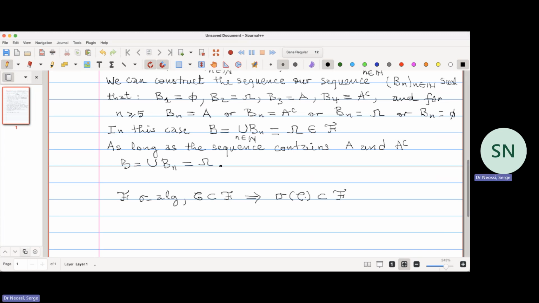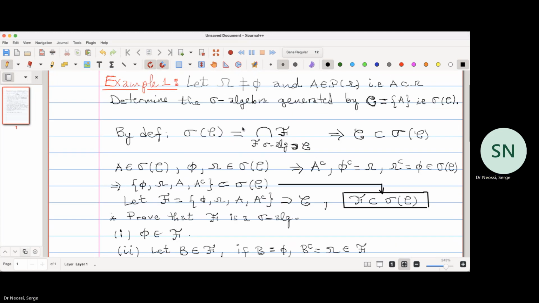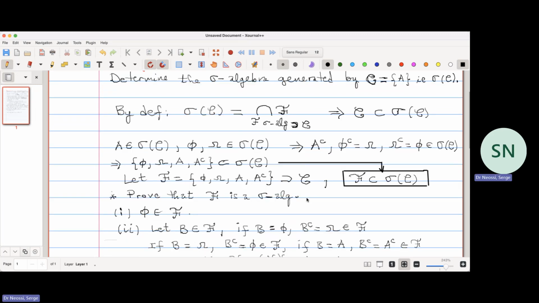Because sigma of C is the smallest sigma algebra that contains C. F is a sigma algebra that contains C, so sigma of C will be contained in any sigma algebra that contains C. Or still, going back to the definition that I wrote here, it is the intersection of the sigma algebras containing C, so it will be contained in each of these. So sigma of C is contained in F.